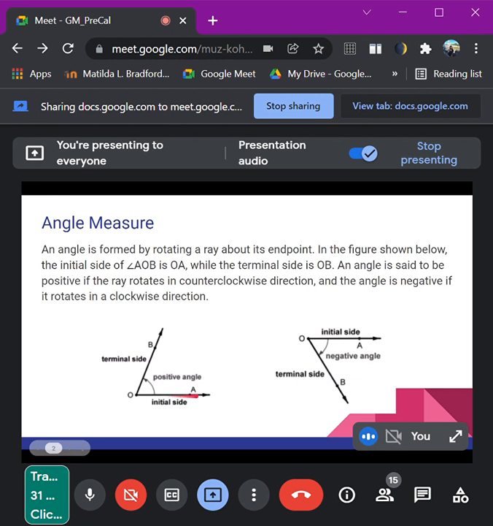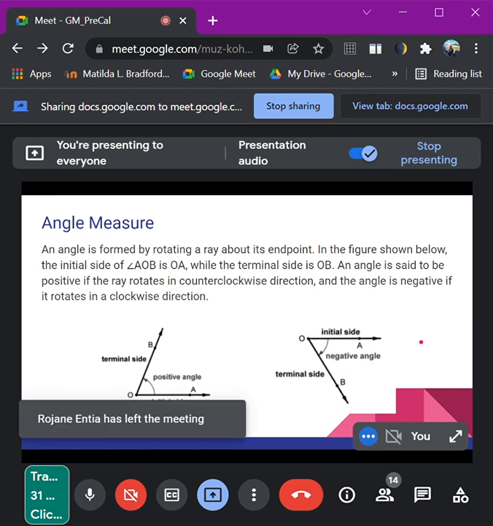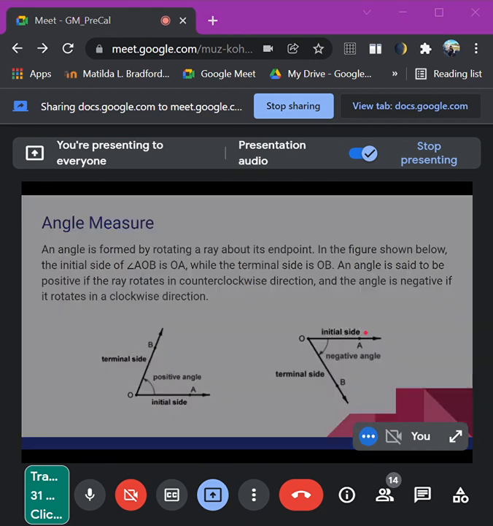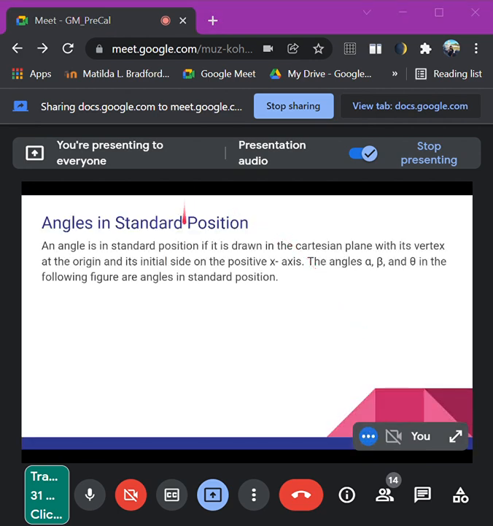So same as our second figure, initial side pud nato is naa sa ato ang positive quadrant sa imuhang x. So ara gid magsugod ang ato ang angle measure. Diha ta mag-base niya. And we call that one as our angles in standard position. Okay, basta naa siya mag-start sa ato ang positive x-axis.